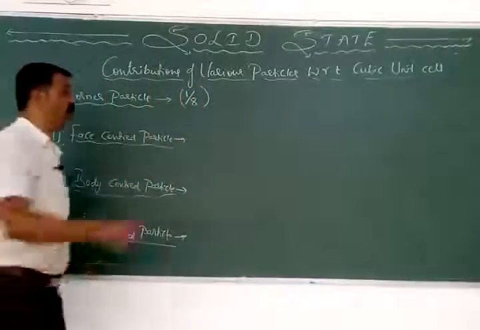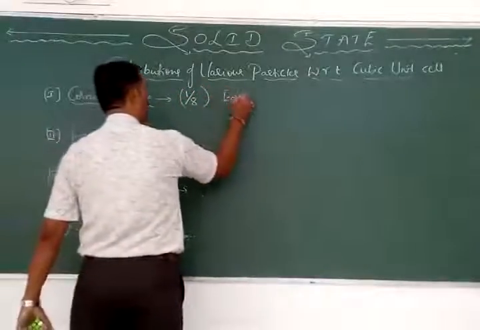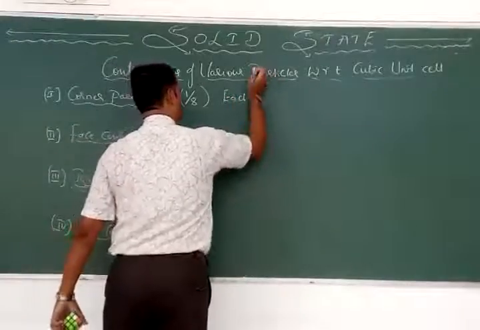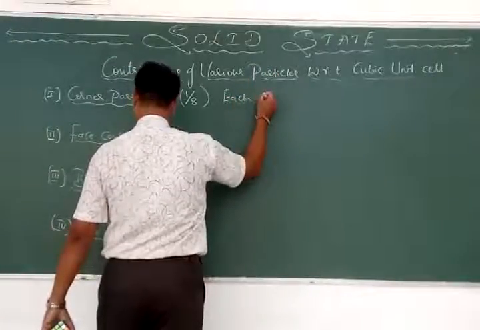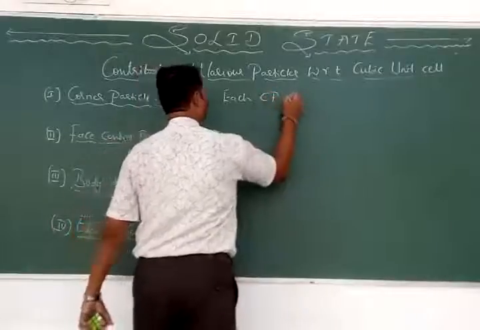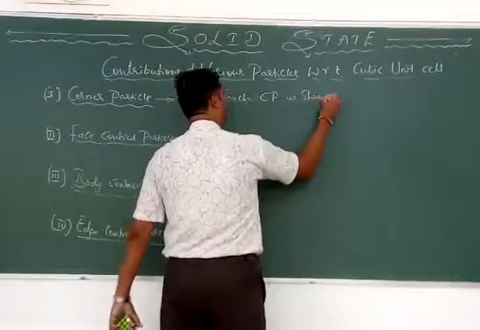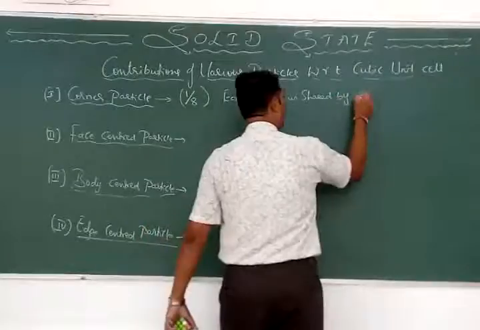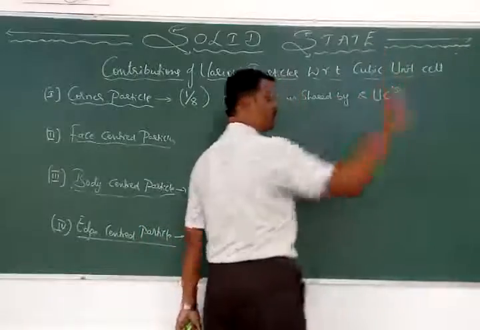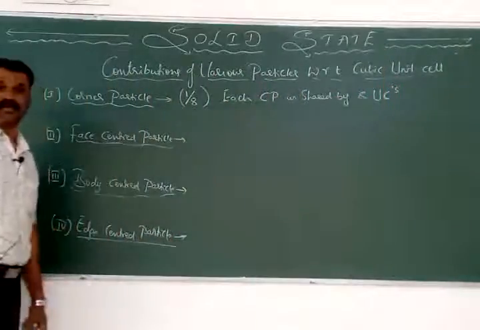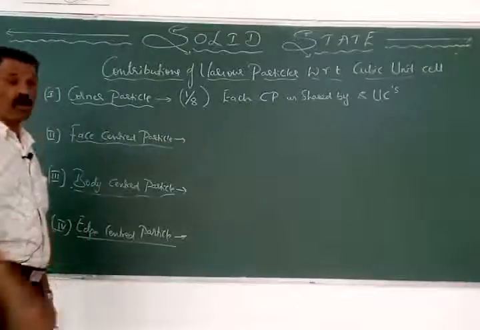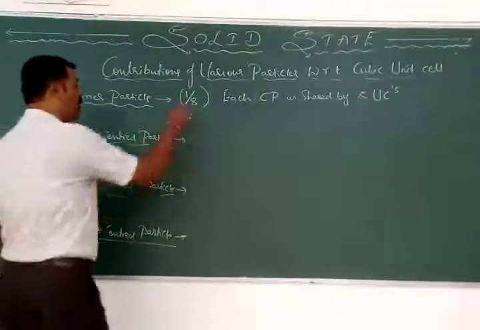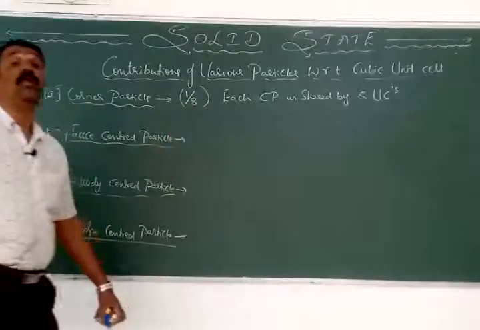Because each corner particle is shared by 8 unit cells, hence the contribution is just 1 by 8th.